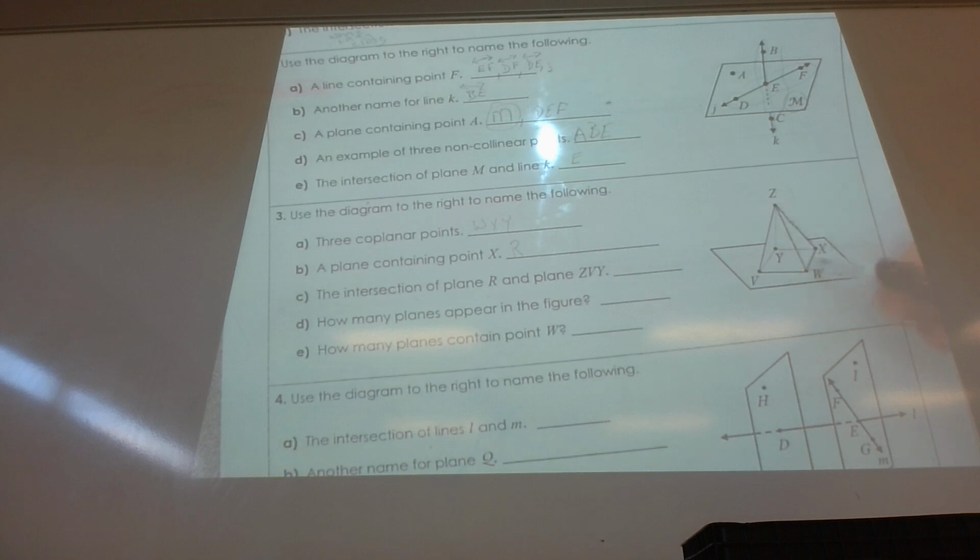And so WXZ is a plane, and that would work as a plane. WXYV forms this square here as a plane, and so that could work. But R is the simplest plane that it is a part of.